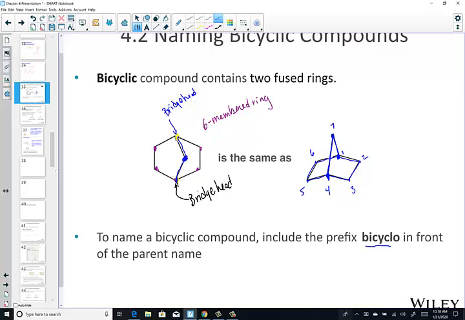So right now we could see that we would have a bicyclo. I'm going to leave a bracket and talk more about this in a moment. And then we have heptane as telling us that there are 7 carbons involved in a bicyclo. Now that means 2 fused rings. Let's talk about these parentheses next. Those parentheses are going to have numbers placed in them to let us know how many carbons connect to the bridgeheads.